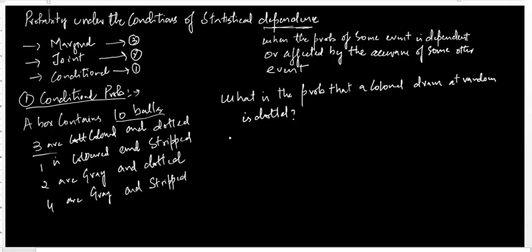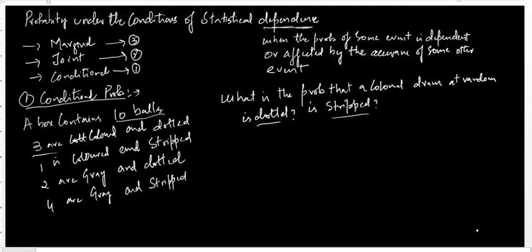And I've also been asked what is the probability that this ball is striped. So I have been asked two questions: if I draw a colored ball, what is the probability that it is dotted and that it is striped. Now I'll be talking about this condition over here.